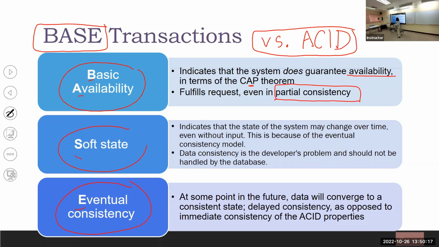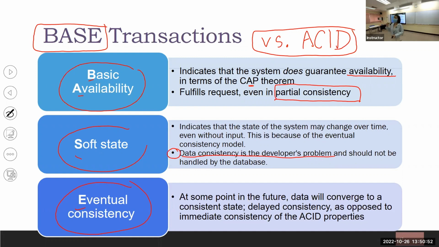But in some development systems nowadays, from the development team's perspective, sometimes data consistency is considered to be something the developer needs to take care of. The database engine may not guarantee or handle data consistency completely, but only to a certain extent.